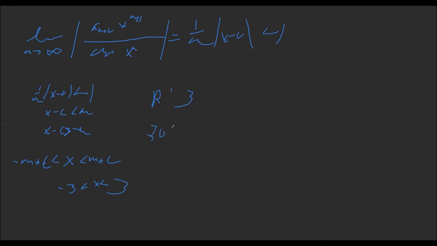Now, the interval of convergence, on the other hand, can be represented by the closed interval from negative 3 to 3, or negative 3 to 3 with open bounds, or any combination of the two. And so you need to test the endpoints. You need to find whether the power series you have converges at x equals 3 or x equals negative 3. If they don't, then of course you'll have to use open bounds. If they do, you can use a regular bounded interval.